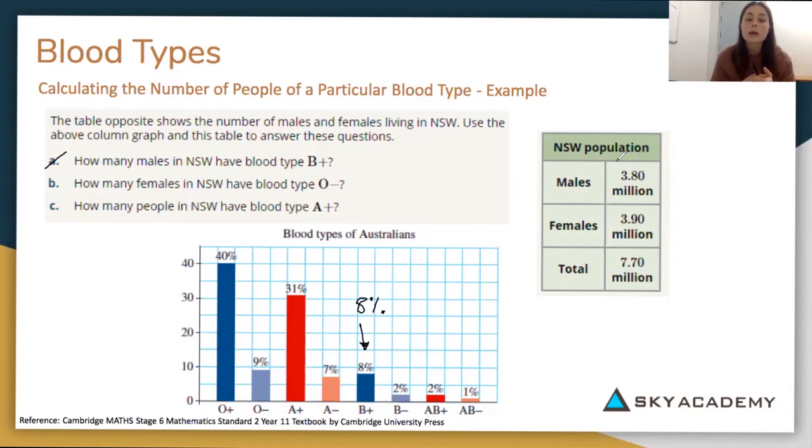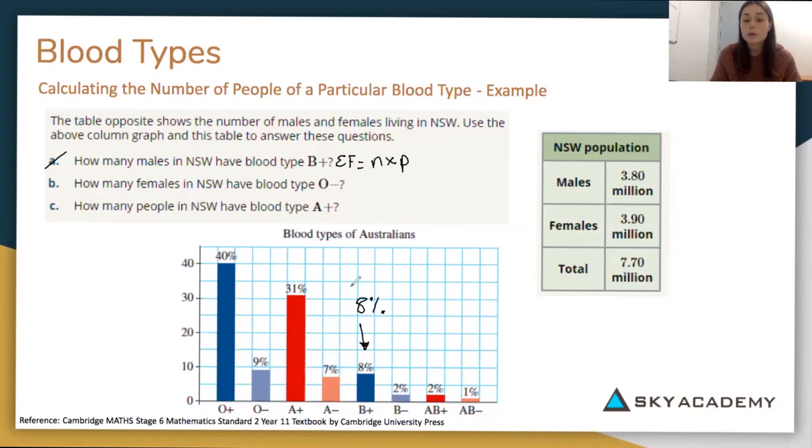Essentially what we're finding is our expected frequency. The question hasn't specified the expected frequency, but we know from our knowledge that this is what we're doing. We're taking the number of males in New South Wales, multiplying it by our frequency or our probability of people who are going to have B positive.